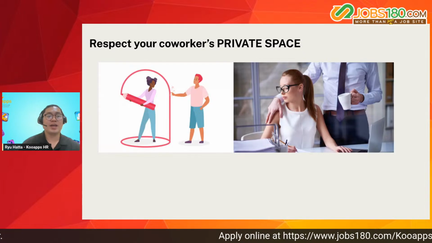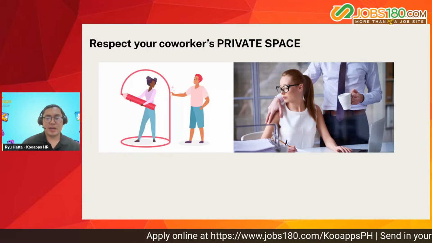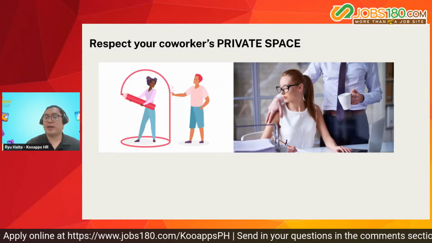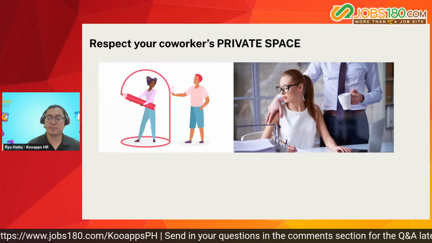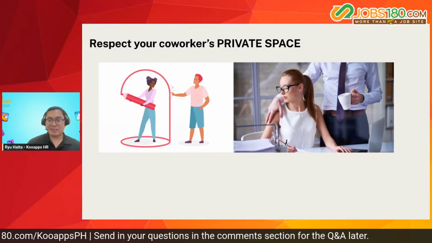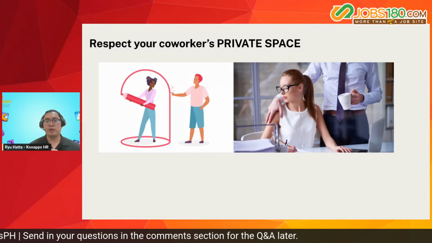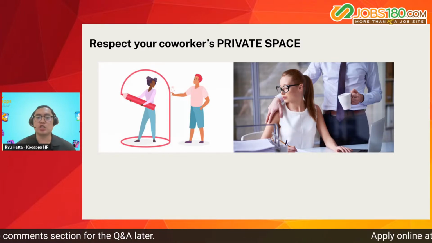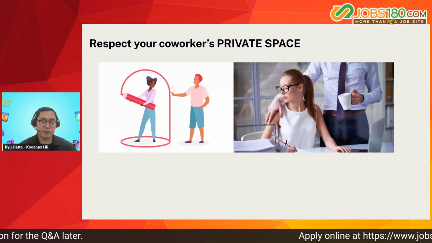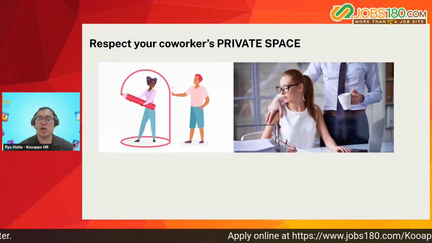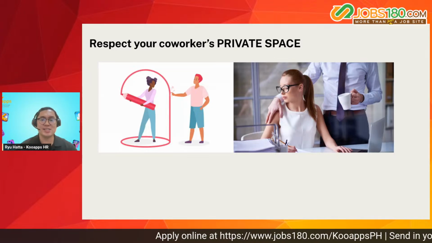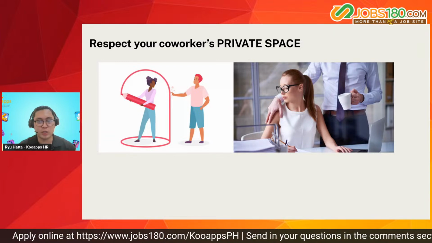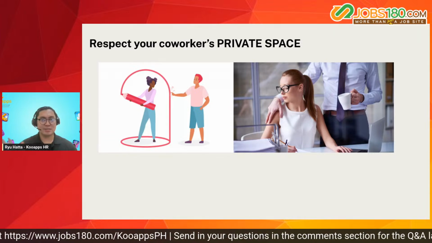Okay, now going to the area of private space, you have to respect your coworker's private space. Now, why? Private space is commonly broken when you're trying to catch their attention, or in relative terms, trying to communicate with the other person. Keep in mind, guys, you can always get the attention of the other person by just trying to greet them.